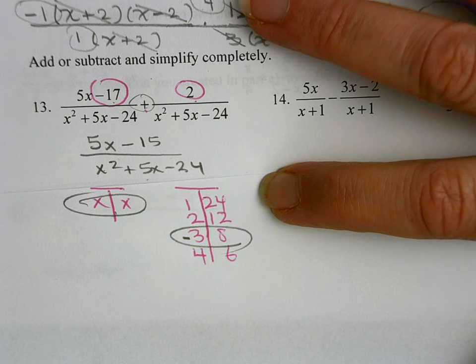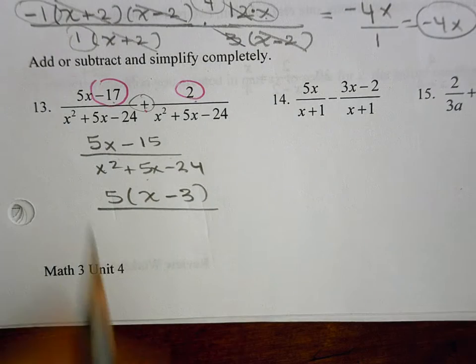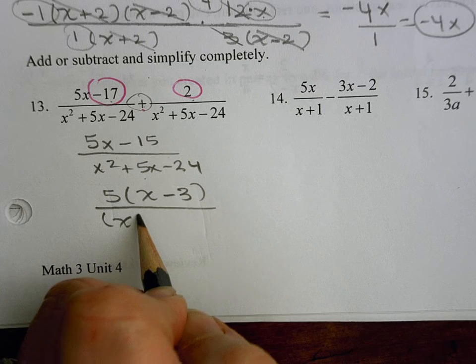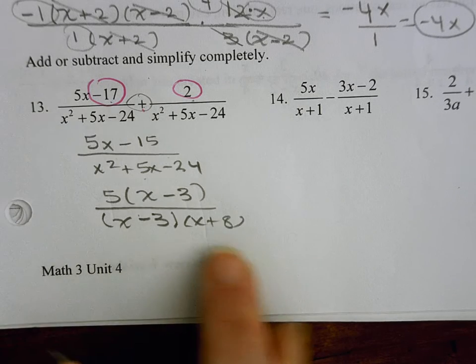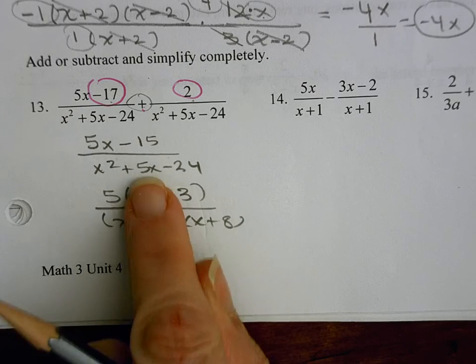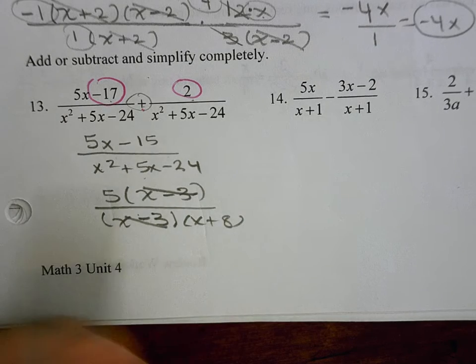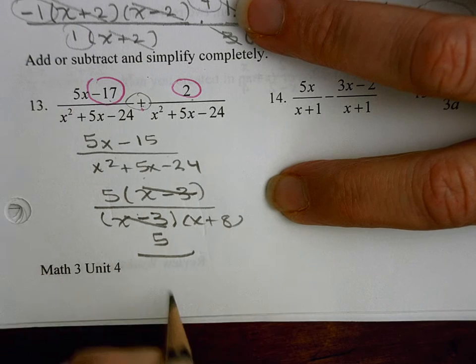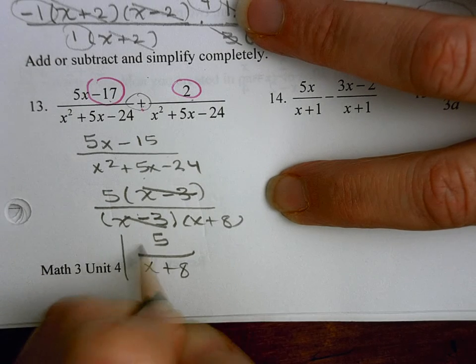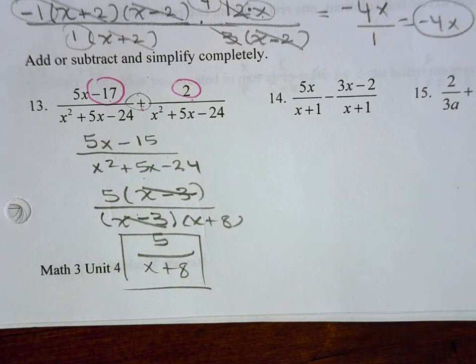All right, so my factors are x minus 3 and x plus 8. So 8x minus 3x is 5x. So that cancels, and then I have a 5 in the numerator and x plus 8 in the denominator. Okay? All right, and then let's take a look at question number 15.